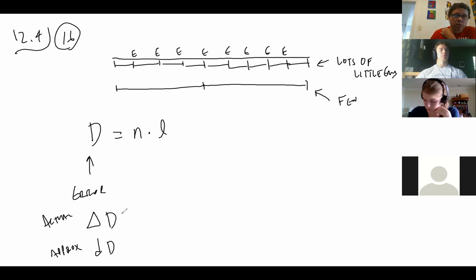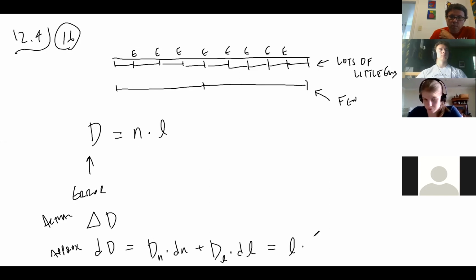If we actually work this out using the complete differential, this would be the derivative with respect to n times dn plus the derivative with respect to L times dL. So this would be L times dn, and the other one is n times dL.